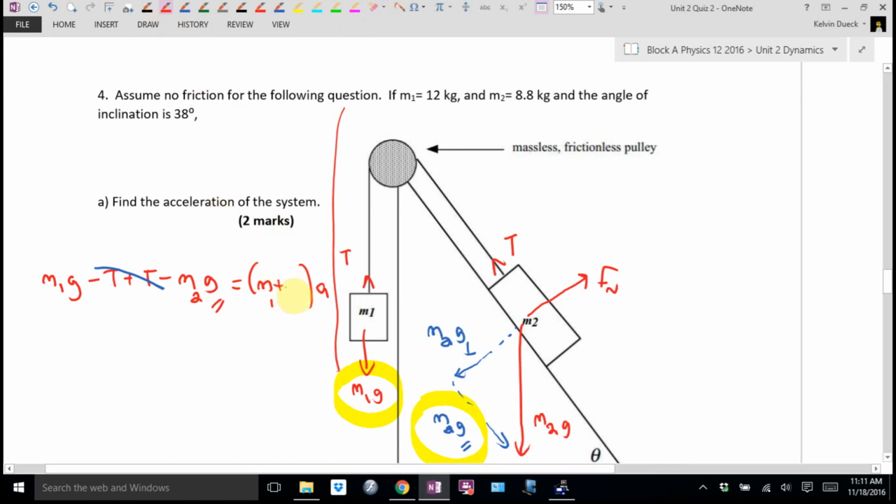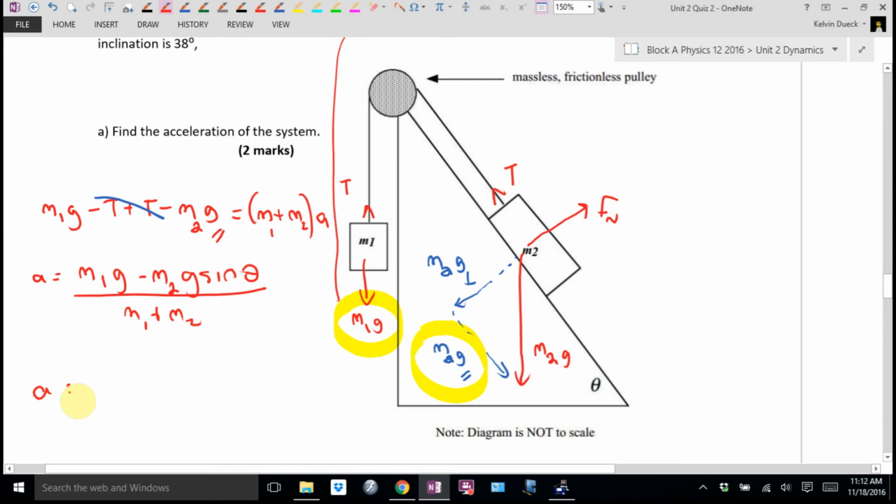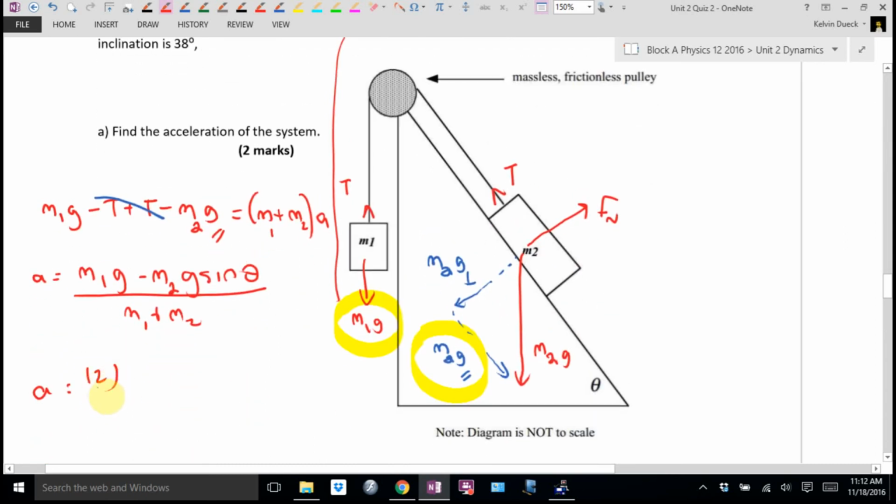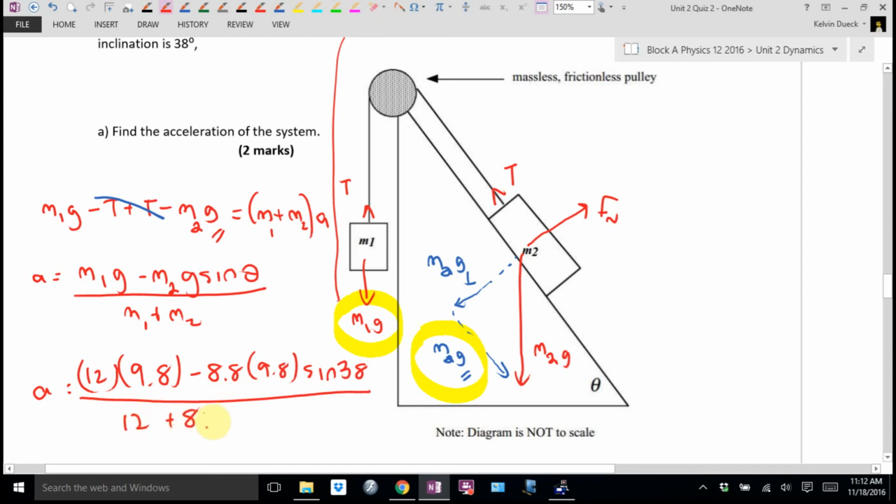M1 plus M2. So the acceleration is going to be M1g minus M2g sine theta divided by M1 plus M2. Let's plug and chug. M1 was 12, M2 8.8, and 38 degrees. 12 times 9.8 minus 8.8 times 9.8 times sine 38, all divided by 12 plus 8.8.